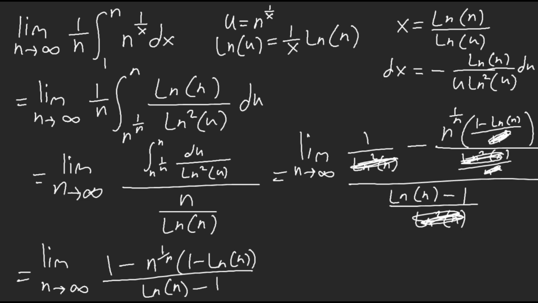We just noticed that this is equal to 1. And so, if we let n go to infinity and focus on this term, that's going to be 0, since 1 over infinity is 0. And so this cancels out. And so, wow.